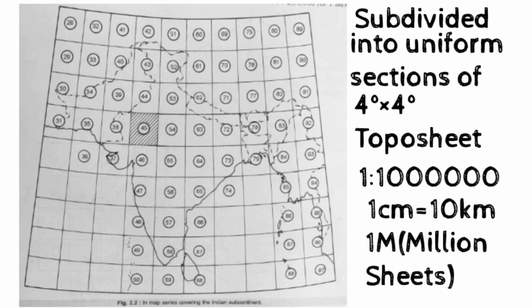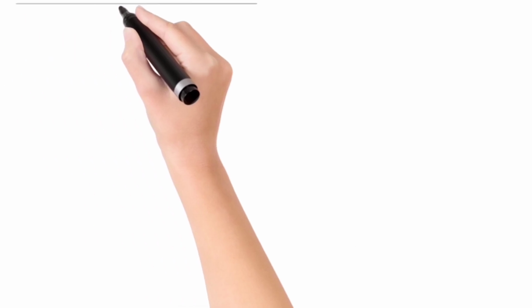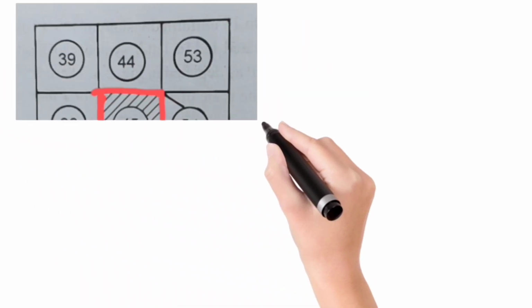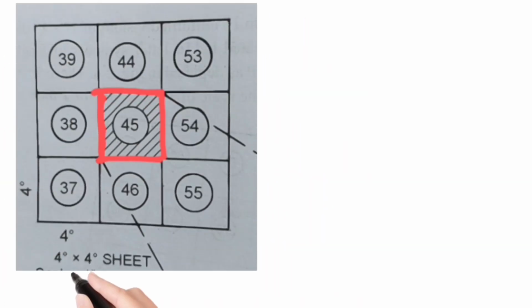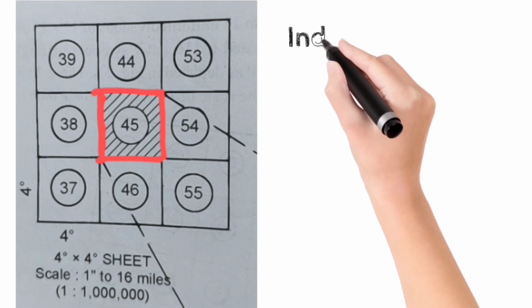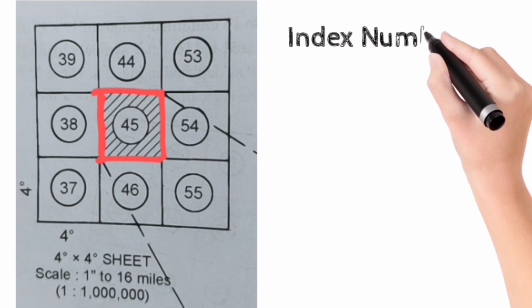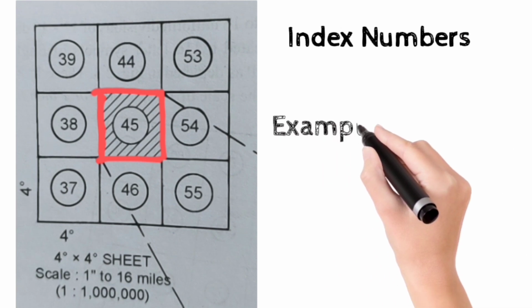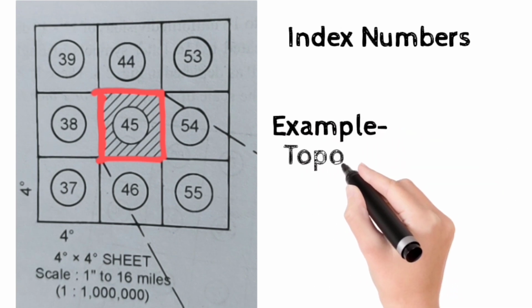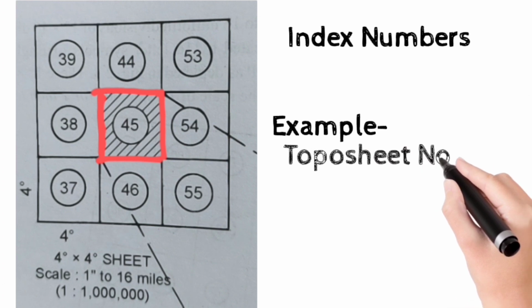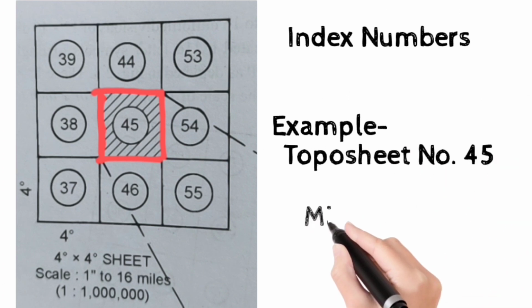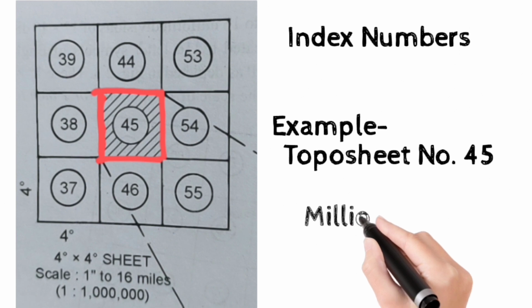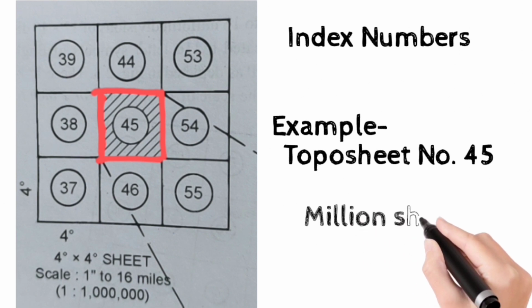There are 36 4-degree sheets or 1 million sheets covering India. Each of the million sheet is further divided into 16 uniform squares of 1 degree into 1 degree dimension. Here we can take the example of 45, which is a million sheet of 4 degree into 4 degree dimension, which is subdivided into uniform squares of 1 degree into 1 degree dimension.